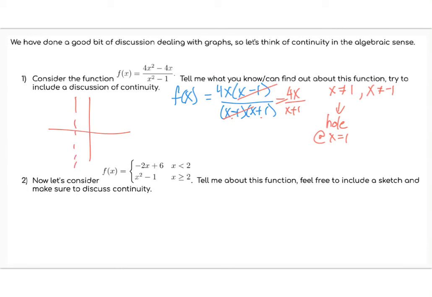I know I'm going to have a hole at x equals 1. I don't really know where that's going to be, so I'm going to put some dots there. Based on my ratio of coefficients, my horizontal asymptote is going to be at 4. And if I plug 0 in, I get 0 over something, so we'd end up at 0 at 0. To me, that suggests that my graph is going to look something like this with a nice hole there, and then something like this.